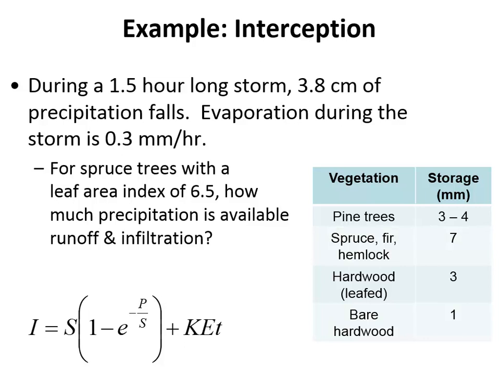Interception, maybe we're talking about puddles, and so on. Rainfall excess is what we use when we are calculating hydrographs to find the flow coming from a watershed. We're going to get into that in detail next week.